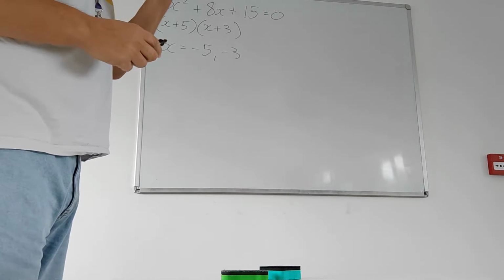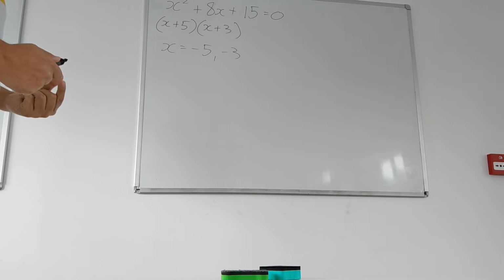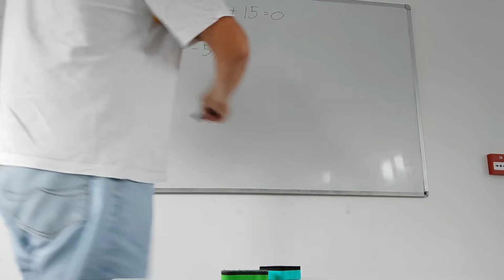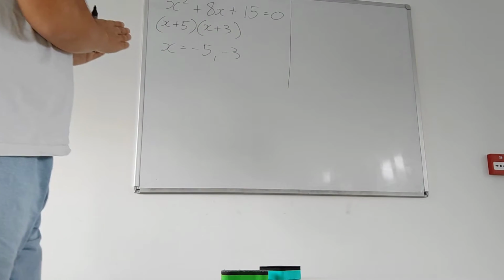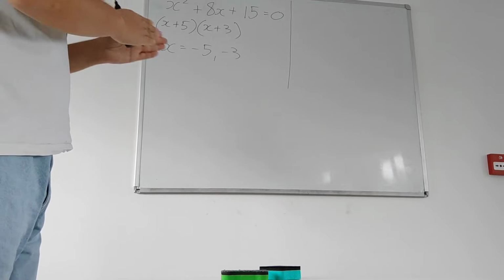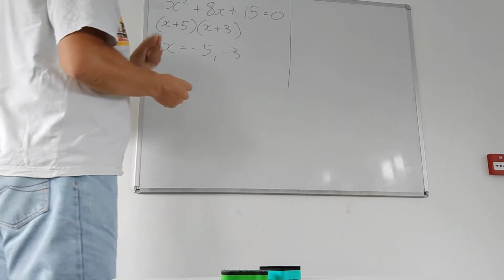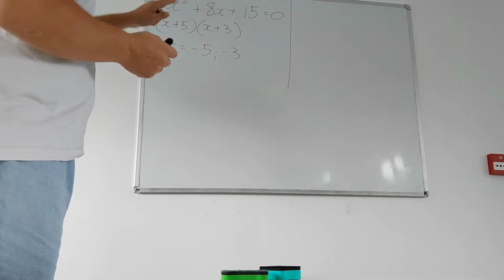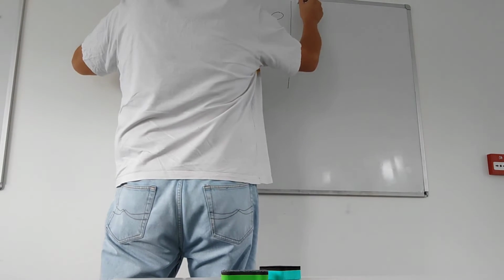Now the bit we haven't mentioned is how that affects the graph, but we'll look at that in a sec. Alternatively, we'll come back to completing the square, let's just look at the quadratic formula. So a reminder, in the quadratic formula, the letter A stands for the coefficient, the number next to x squared.